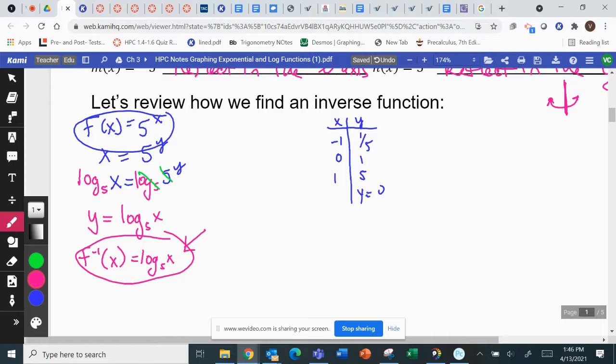Yeah, we just took our ordered pairs and we took all of our x's and y's and switched them with each other. So that's what I'm going to do with the log. I'm going to use the inverse points, but I'm just going to switch them. But I also have to switch the asymptote. So the asymptote was y equals 0 goes to the other column now. So x equals 0.